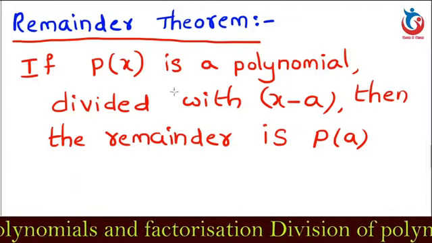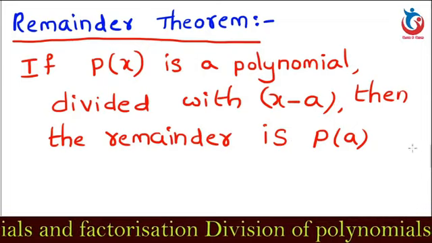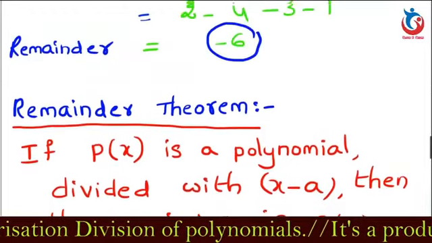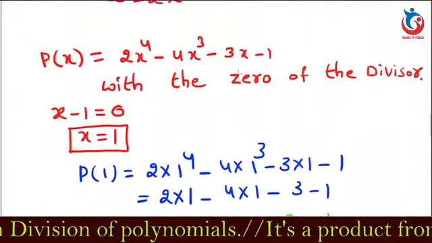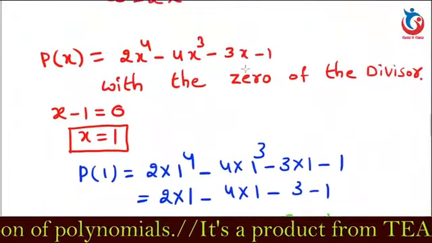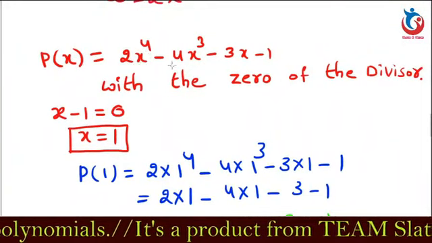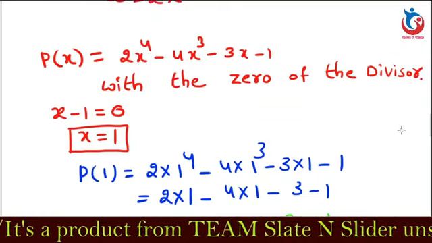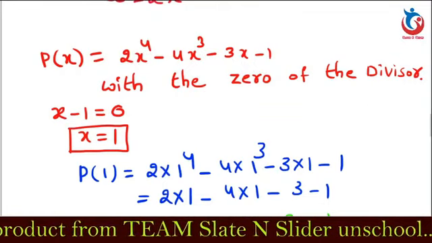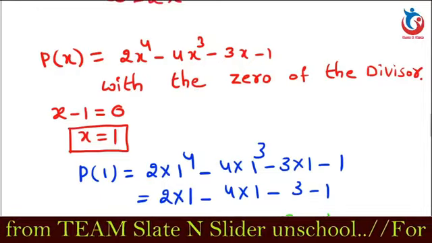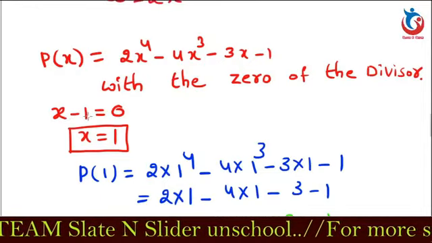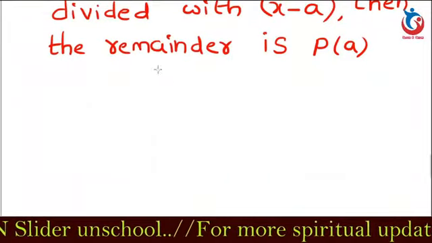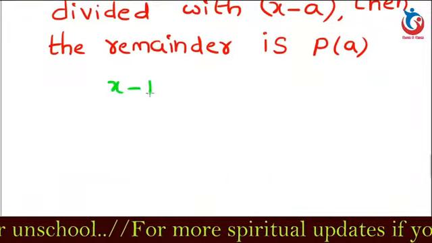I will explain this with the previous example. P of x is a polynomial, 2x power 4 minus 4x cube minus 3x minus 1. And if it is divided with x minus a, in the place of a we have 1, that means it is written as x minus 1.